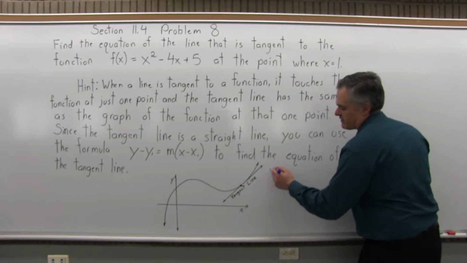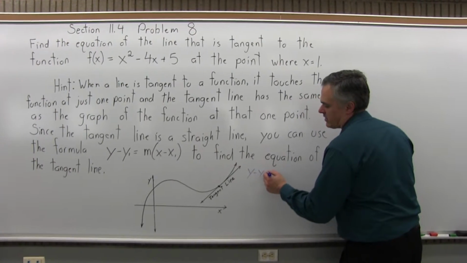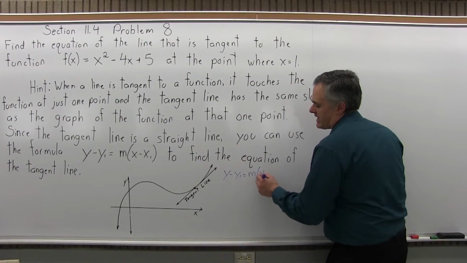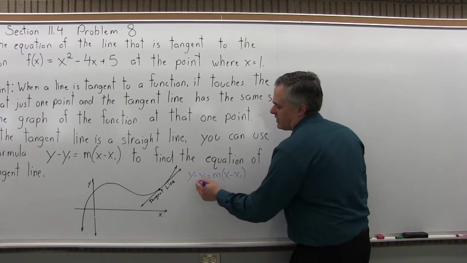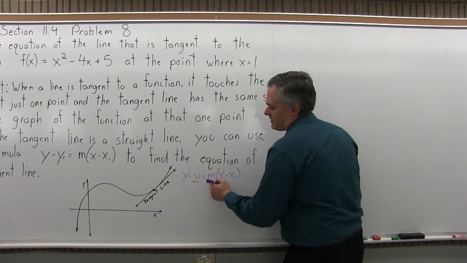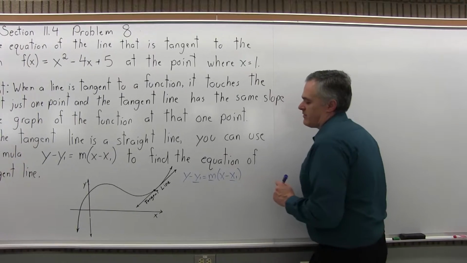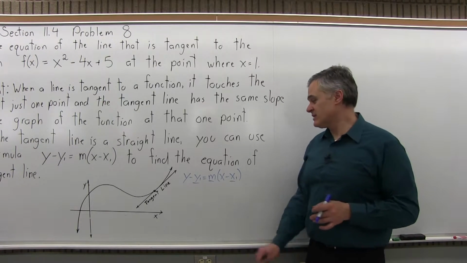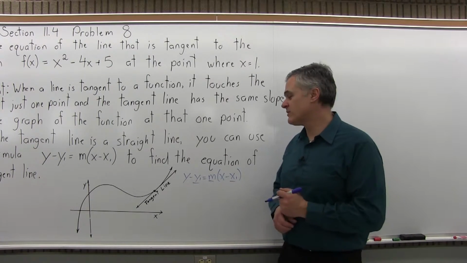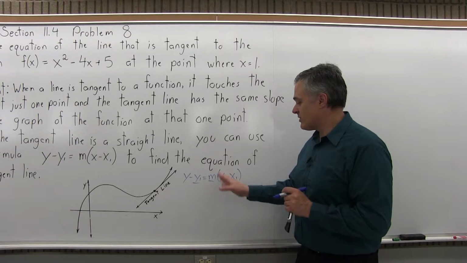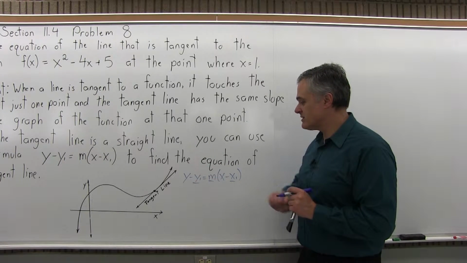So let me write it underneath here in a different color. Y minus y1 equals m times x minus x1. We have to find a number value for y1, a number value for m, and a number value for x1. The rest of that answer just stays. And we can simplify it, we can solve it for y, but the rest stays. The parentheses, the x, the y, the equals.